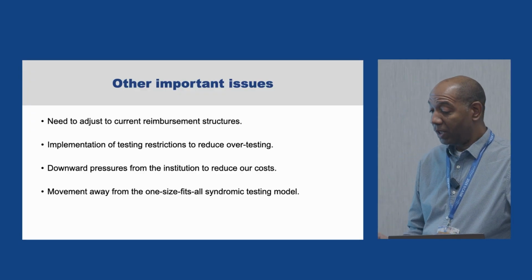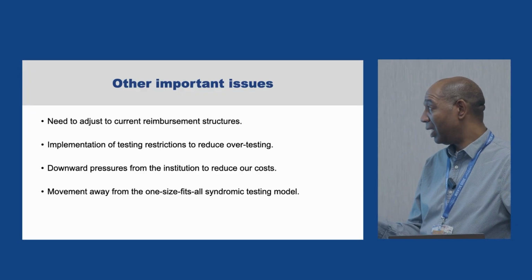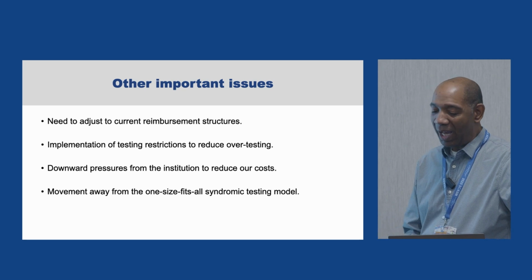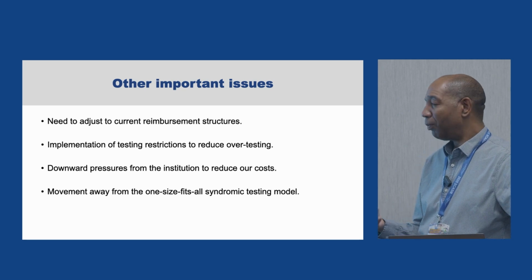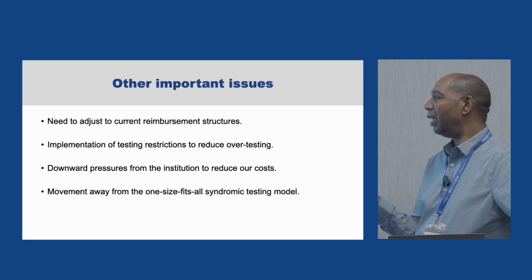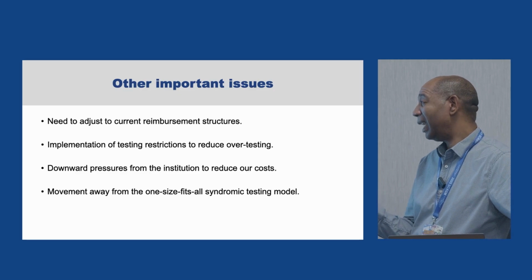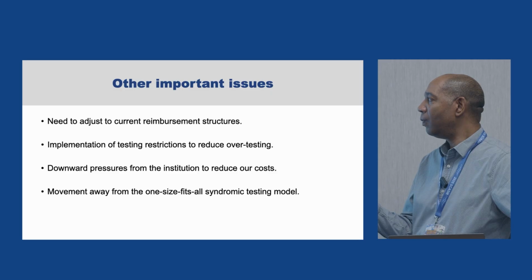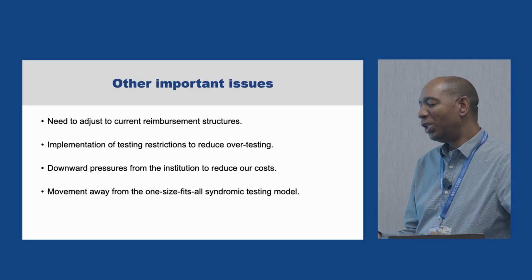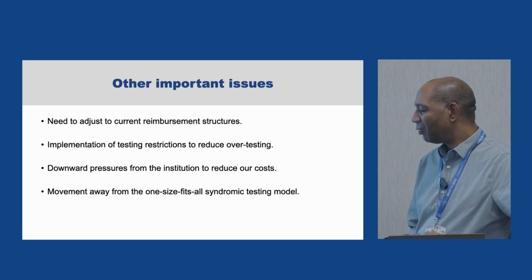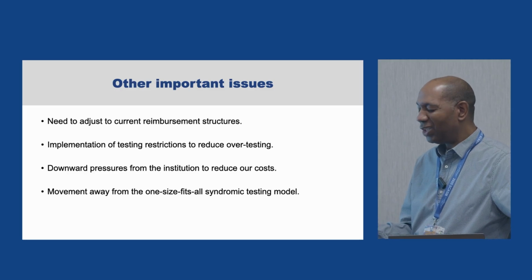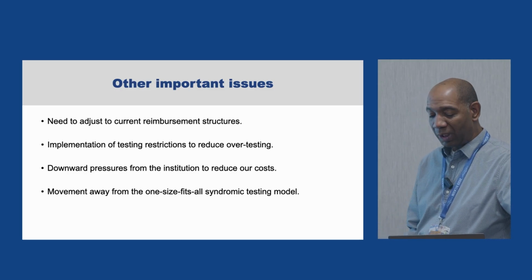We are thinking really, really strongly about our next steps. In the current environment that we're in, we're thinking about issues that we have to address. One of the more obvious things that we've gone over today is the need to adjust to reimbursement structures.